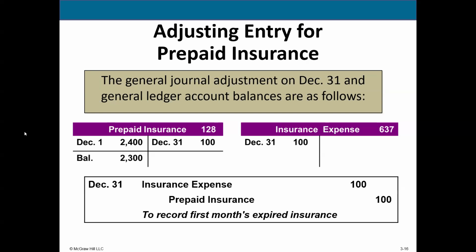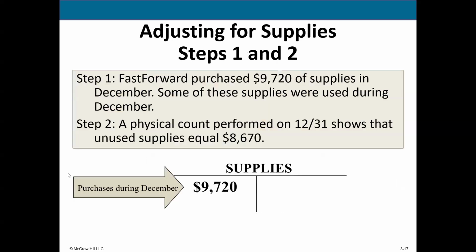So that's how that process works. Another example of this type of expense is supplies. Let's say you're a chef named Kevin, and Kevin has a lot of expenses related to his catering business, right?